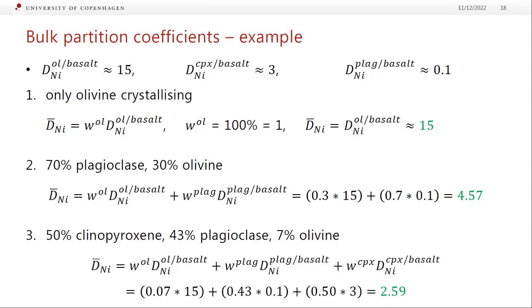If we have this plagioclase olivine mixture, we have the proportion of olivine, that's 30%, 0.3, times the partition coefficient for olivine, which is 15, plus 70% plagioclase, that's 0.7, times the partition coefficient for plagioclase, which ends up being about 4.5. So nickel is less compatible in this mixture than it was in just olivine.